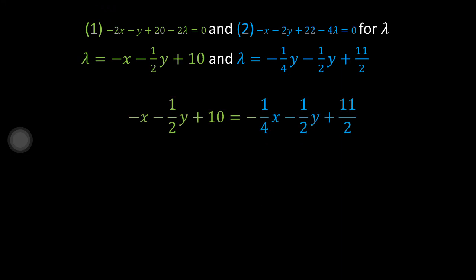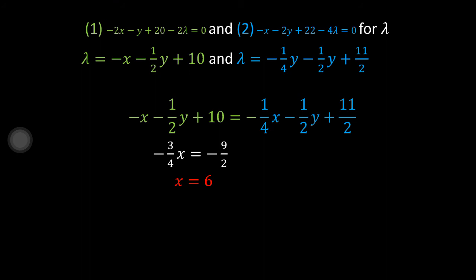So, simplify na natin, magiging negative x minus 1 half y plus 10 is equal to negative 1/4 x minus 1 half y plus 11 over 2, or negative 3/4 x is equal to negative 9 halves. Or x is equal to 6 kasi divide both sides by negative 3/4. Ang matitira sa kabila x, then negative 9 halves divided by negative 3/4 is 6.